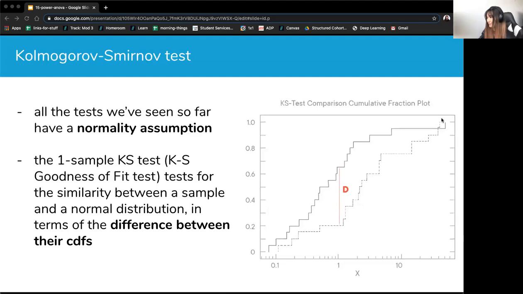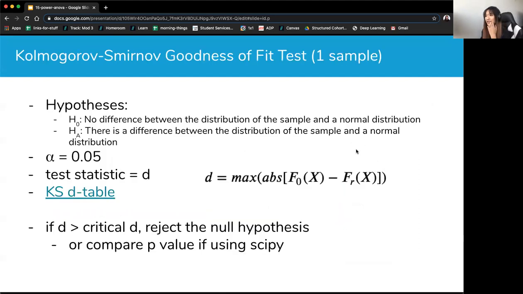All right. So setting up the KS test, the null hypothesis is that there is no difference between the distribution of a sample and a normal distribution, basically saying that the sample is normally distributed.